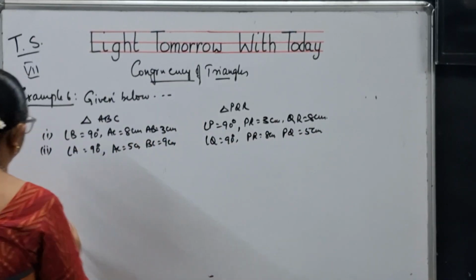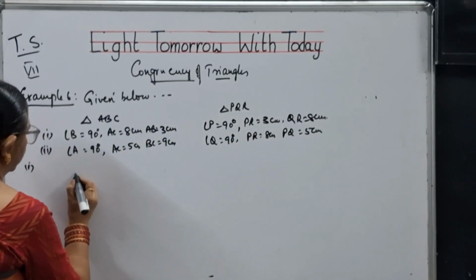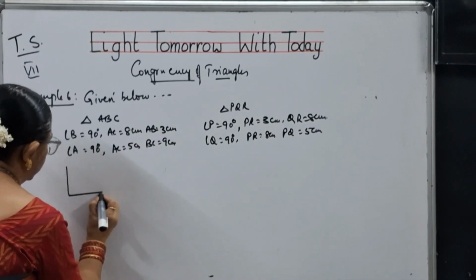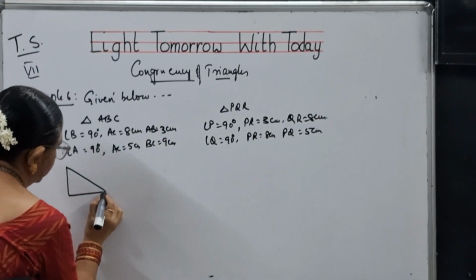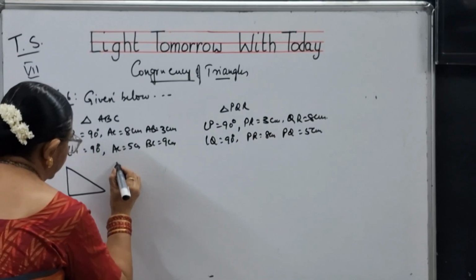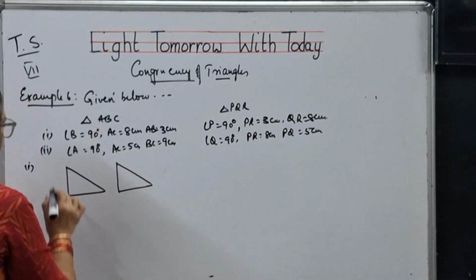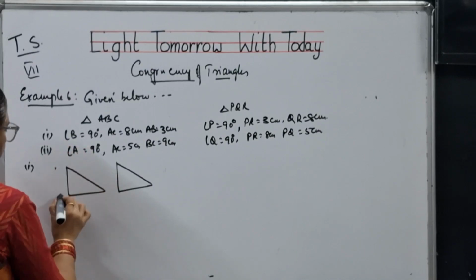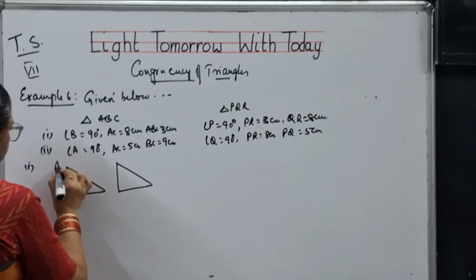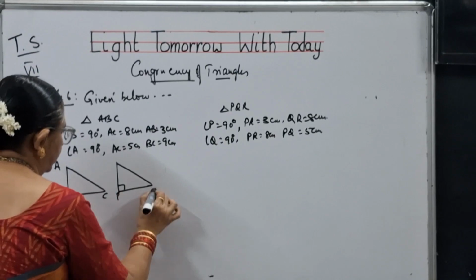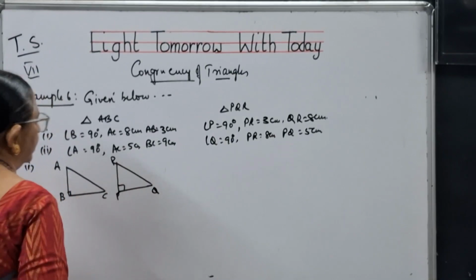So let us see the first one. Since 90 degrees is given, you have to draw right angled triangles only. The two triangles are right angled triangles. Here angle B is 90 degrees, so write B here in ABC, and angle P is 90 degrees in PQR.